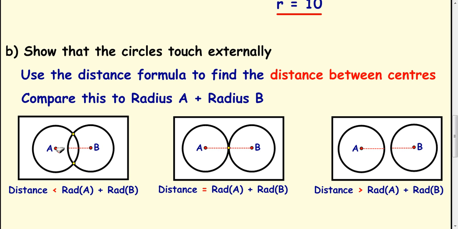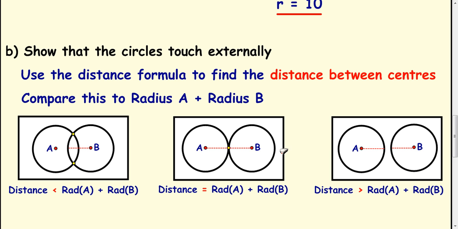If when you add the two radiuses together it comes to more than the distance between the two centre points, then they intersect twice. Finally, if you add the two radiuses together and it's not as much as the distance between A and B, then they don't touch at all.